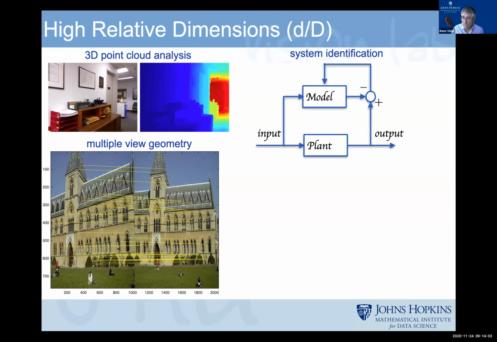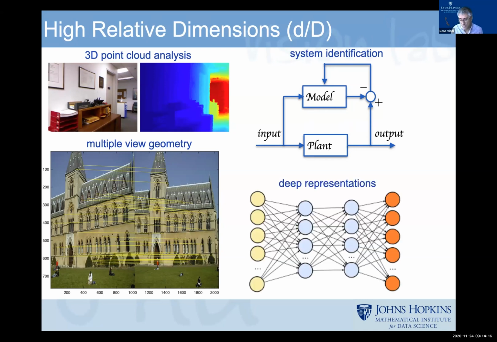This is also true in systems identification and controls, where you're trying to identify, say, an autoregressive model for a time series. Again, this can be seen as a hyperplane. And this is more speculative, although we've seen ample experience of that in our lab in trying to take deep representations from, say, the ImageNet dataset and looking at the rank of the embedded representations that are learned.